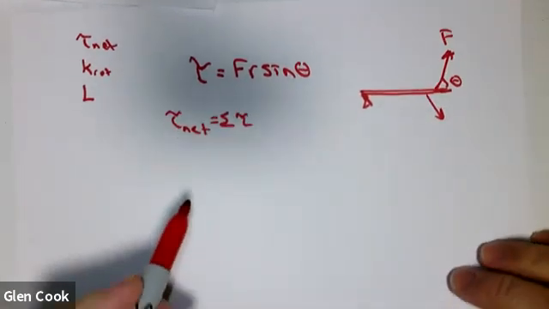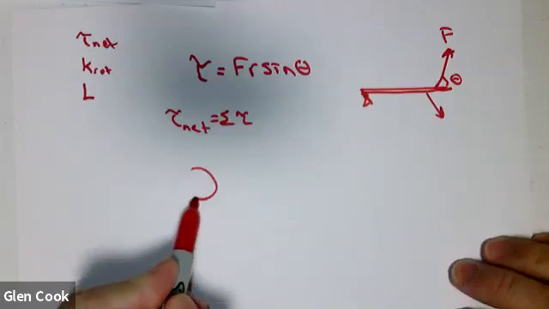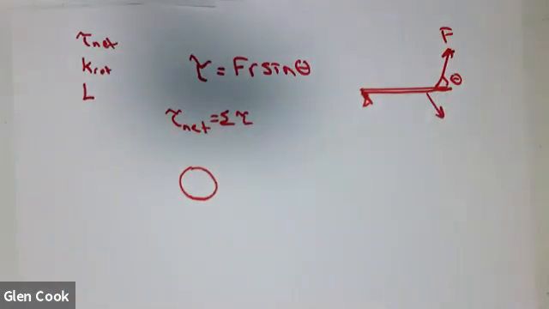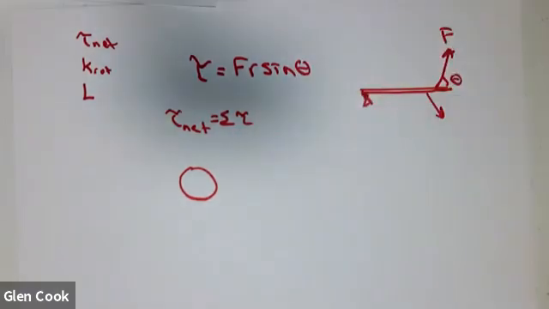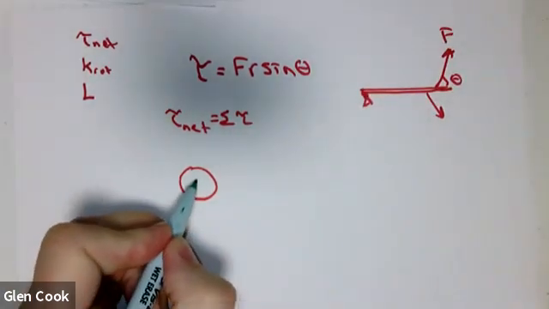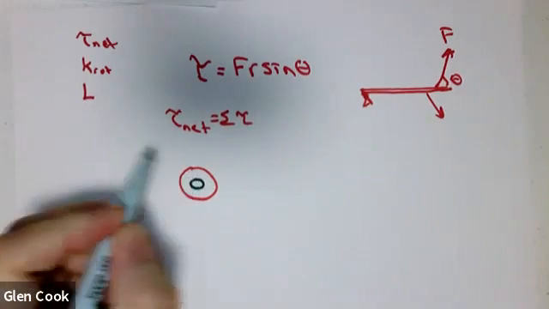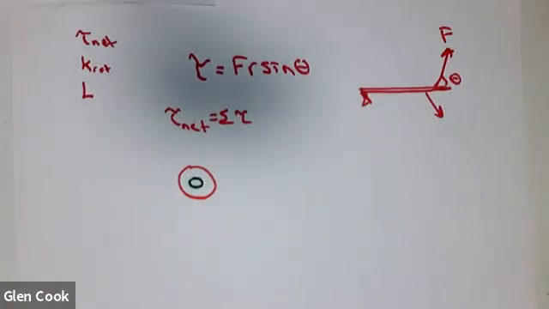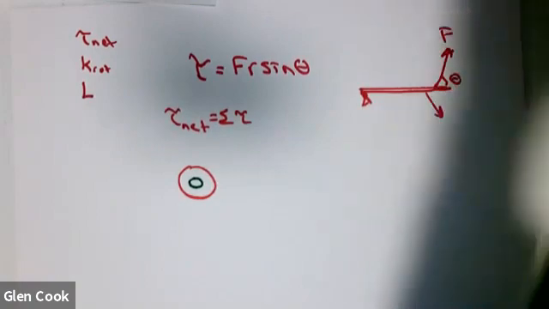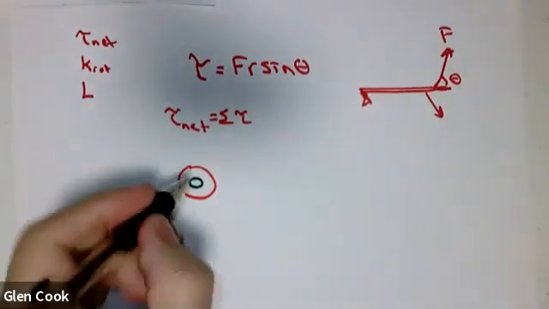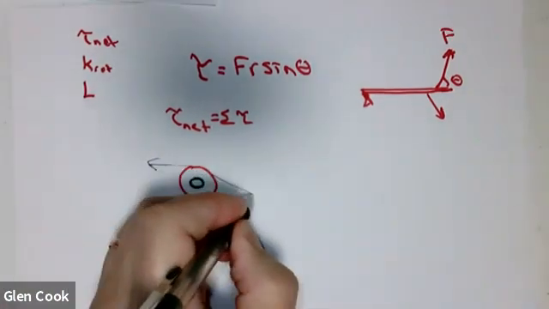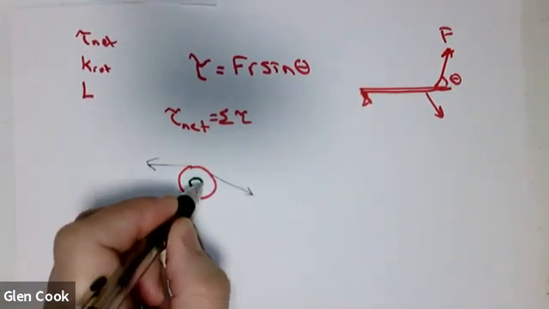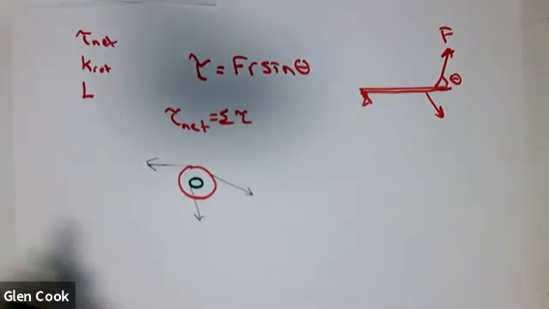But that applies to objects that are fixed. What if it's going to be rotating? Well, if I have a set of wheels that are different radii, and I put a force on each of them, a force here, and a force there, and a force there, I have 3 forces acting.